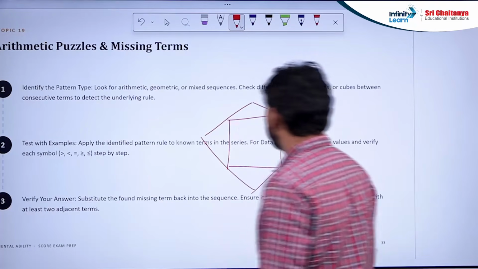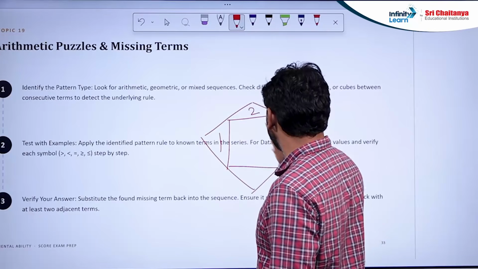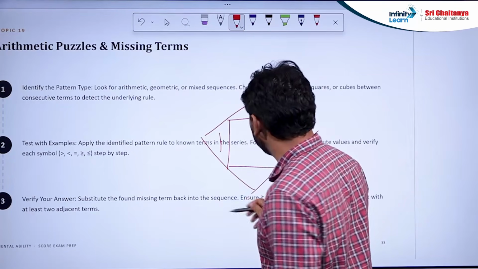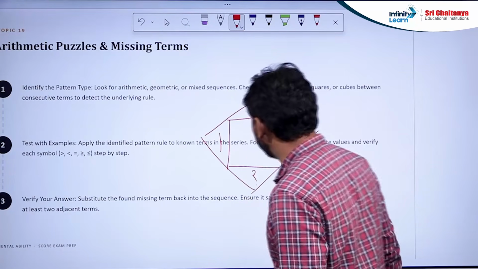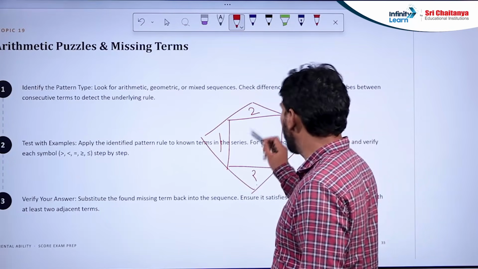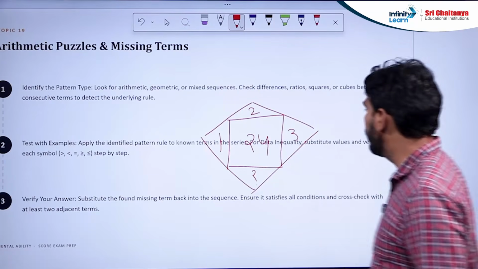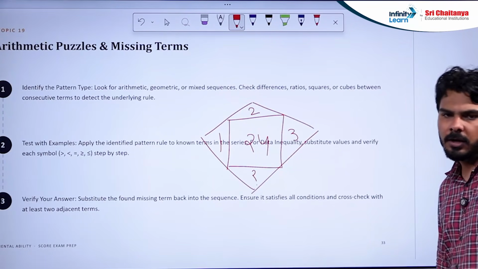Suppose you are given this diagram and there is a number 1 here, there is 2 here, there is 3 here. And here you have to find what will be coming here. I'm giving the easiest question just to make you understand. And here 24 is written. So what do you think?